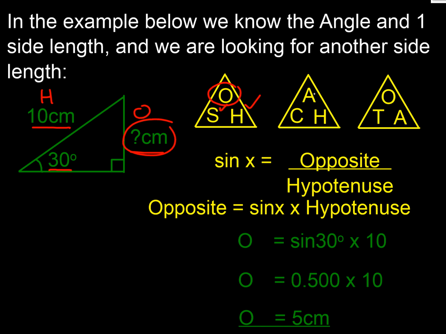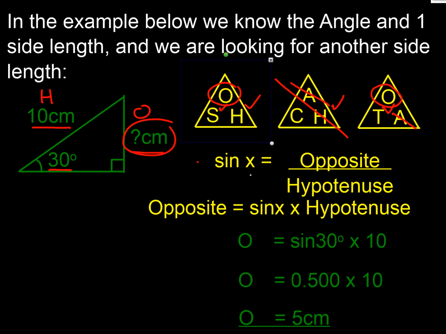Looking at the others, we don't know what the adjacent is, and it's not going to help us because we're trying to find the opposite, which isn't in this triangle. On this final triangle, it's got the opposite in, but it's got the adjacent in too. We don't know what that is, even though we know the tangent. So we only know 1 out of 3, so that's no use. Using this analysis, we always find there's only one triangle we can use.